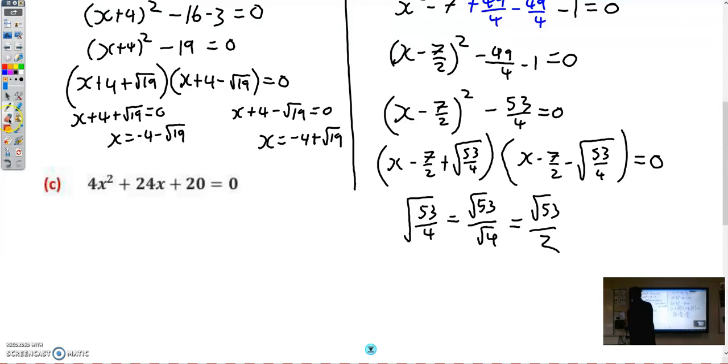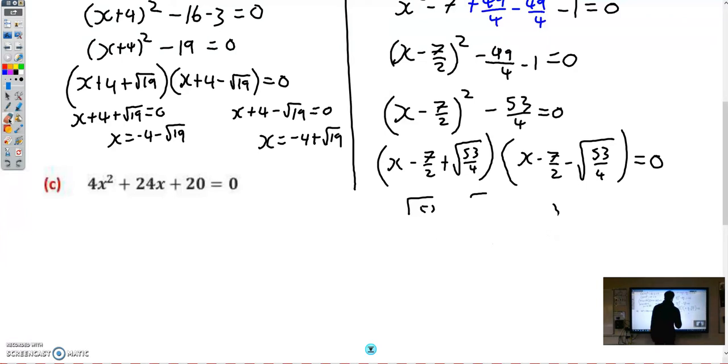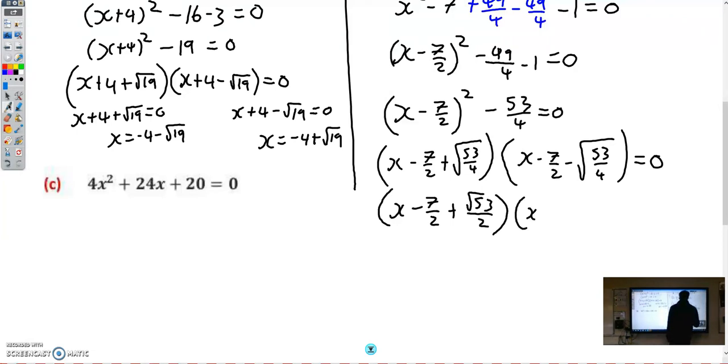So I'm going to use that knowledge now to simplify. So we have x minus 7 on 2 plus root 53 on 2, x minus 7 on 2 minus root 53 on 2, all equal to 0.